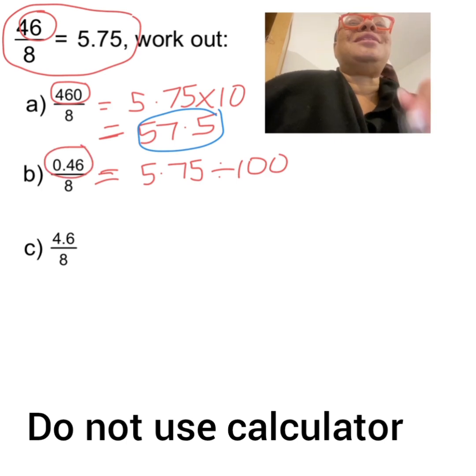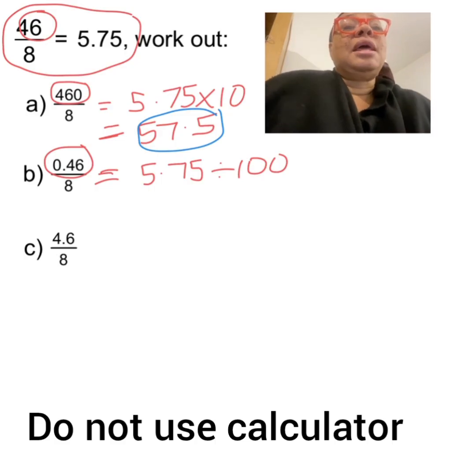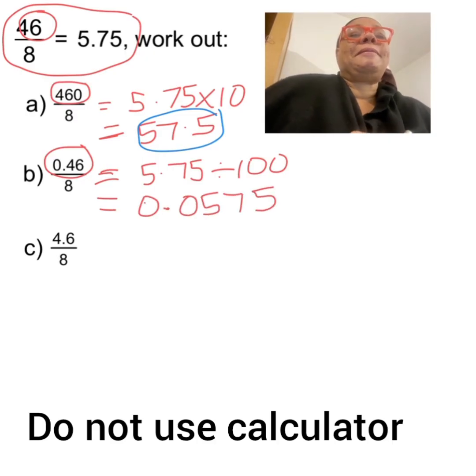You have to do 46 divided by 100 to get 0.46. Now, 5.75 divided by 100 is 0.0575. You should be able to divide and multiply by multiples of 10 or by powers of 10 without using a calculator. These kinds of questions come out in non-calculator papers.